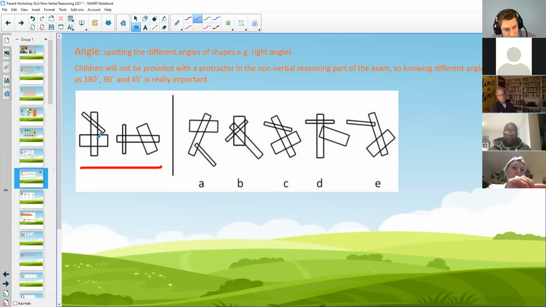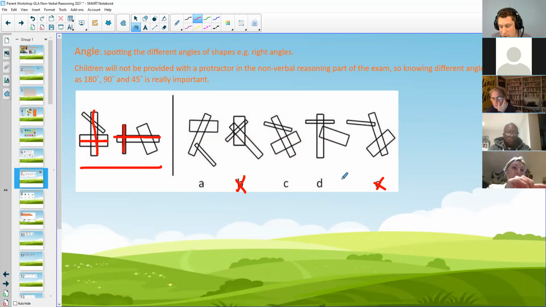But I wanted to draw your attention to the fact that two of them do create a right angle. So you've got this one here and this one here. They're sort of perpendicular, if you like, to each other. That one's also perpendicular as well. So that's going to be important. So in actual fact, B can be eliminated because of that reason. And then if we look at E, that also doesn't generate any right angle between those rectangles either.